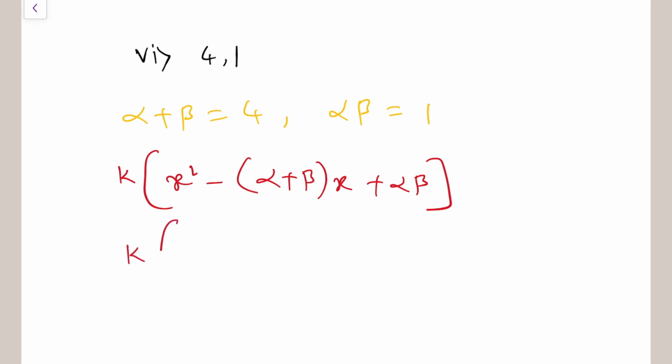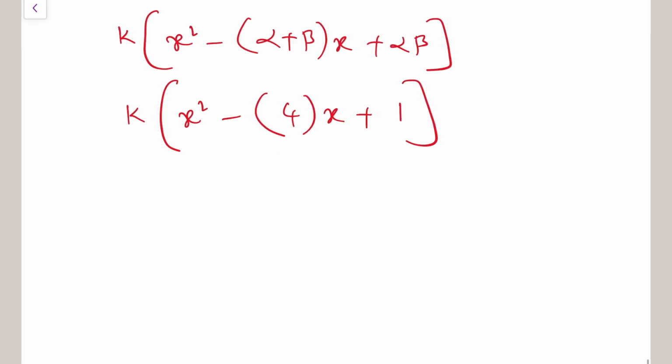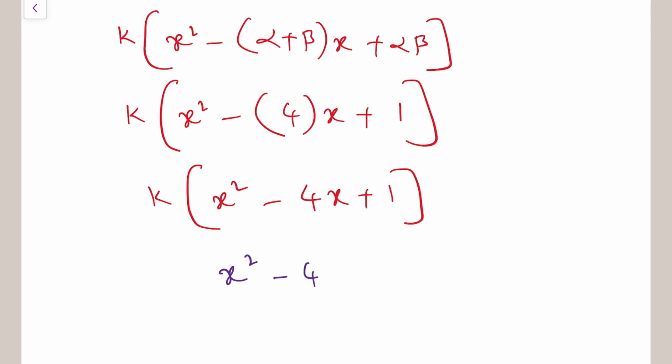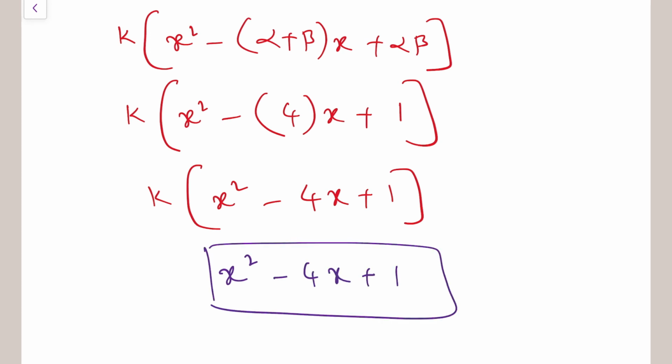K as it is into x square minus alpha plus beta is 4 into x plus alpha into beta is 1. K into x square minus 4 into x, 4x plus 1 as it is. Here there is no denominator at all, so just remove the k and write the remaining as it is, x square minus 4x plus 1. This is the quadratic polynomial which we required.